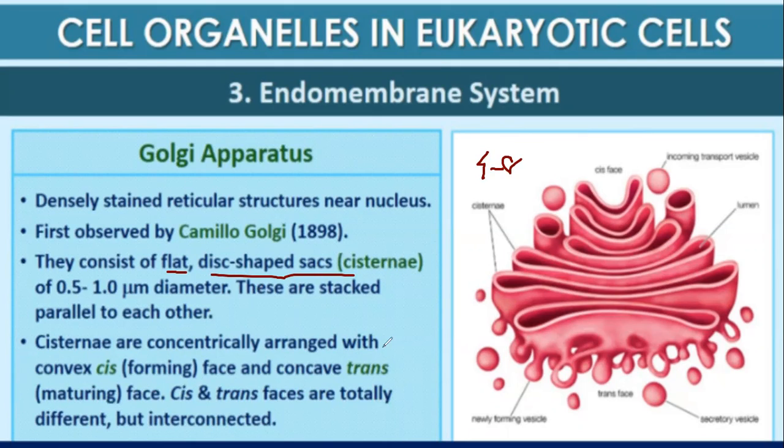Clear with that? And these cisternae are concentrically arranged with a convex cis face and a concave trans face. Okay, cis and trans faces are totally different, but they are interconnected. Clear with that?